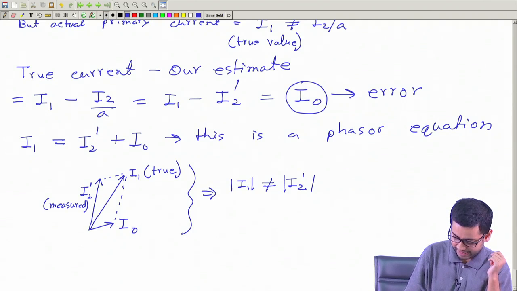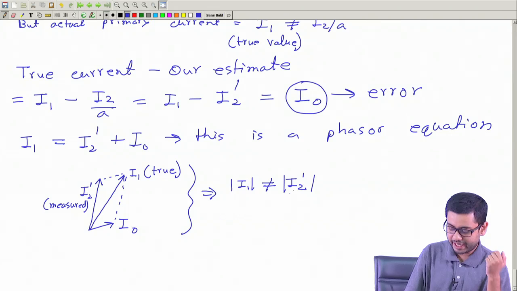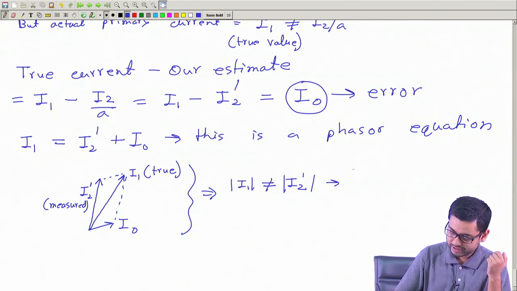You can see here that according to this diagram, I1 has a larger magnitude than I2 prime.